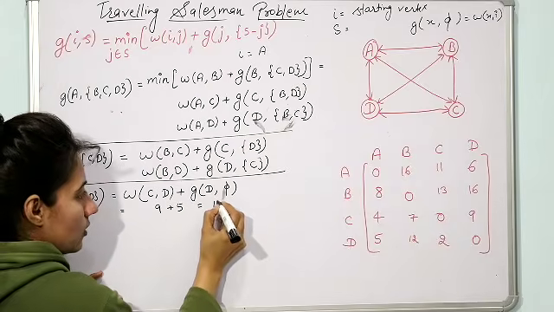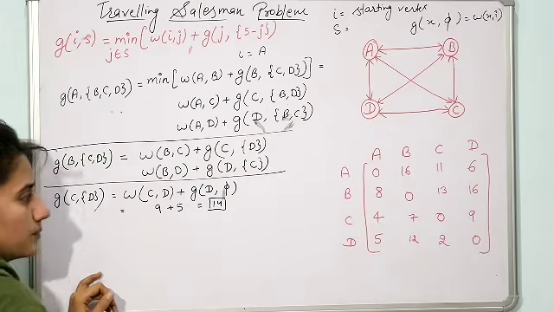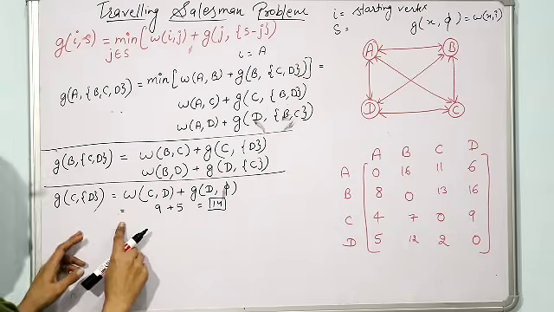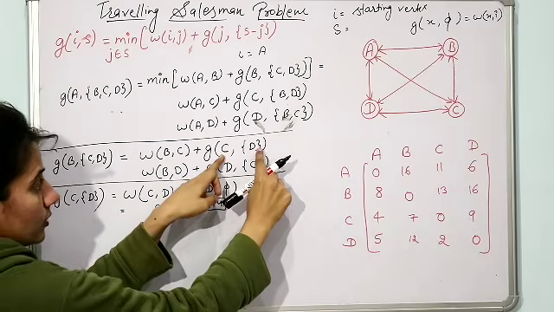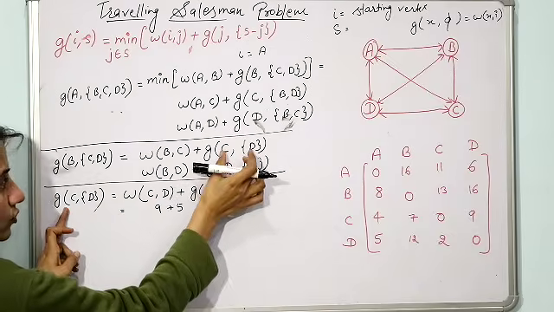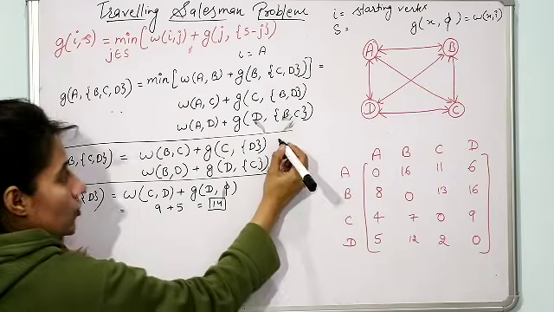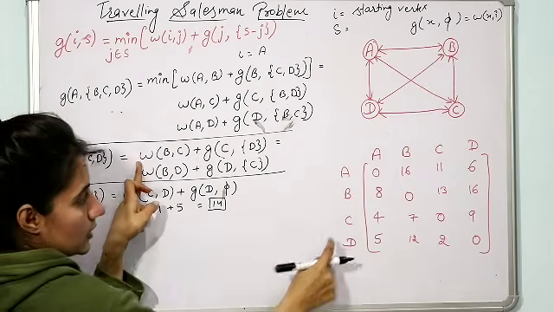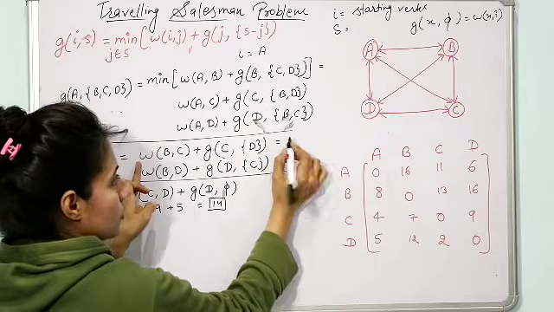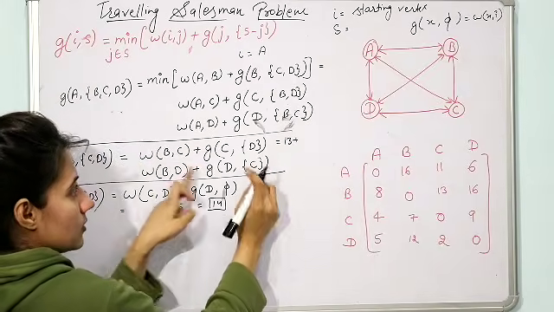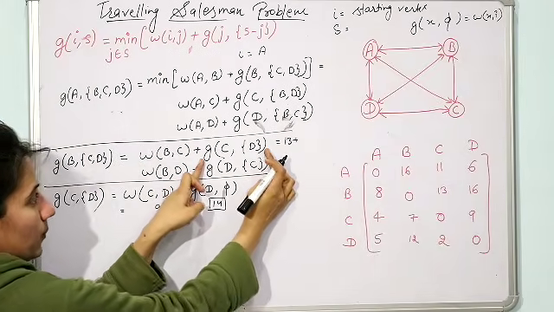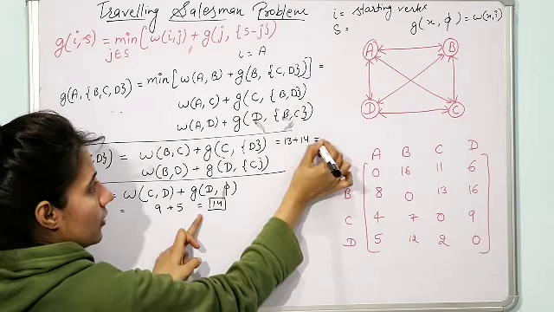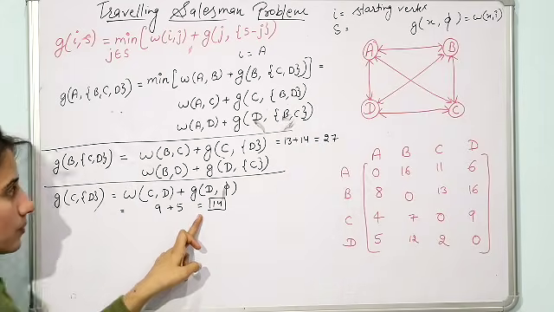Now this would be 14. Fine. Now we have solved this one. We have the value of this one, so we can get the value of this complete one. Now weight of B to C, that is 13, plus the value of this complete cost function, 14, and what we got is 27.